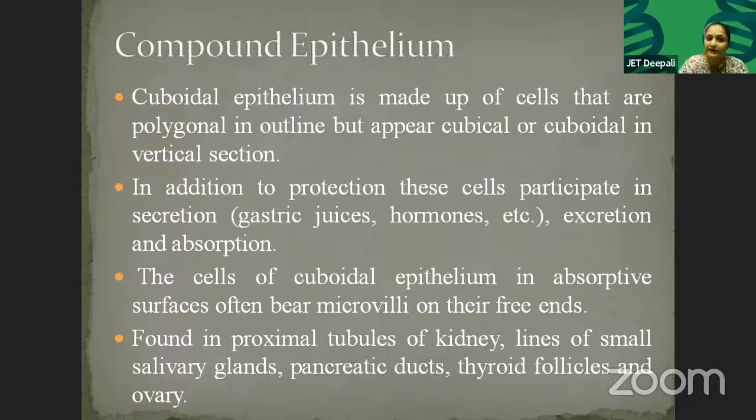So this is cuboidal epithelium. Here it is written compound epithelium, but this is a mistake. We are studying cuboidal epithelium. In addition to protection, these cells participate in secretion. In addition to protection means that squamous epithelium provides only protection.